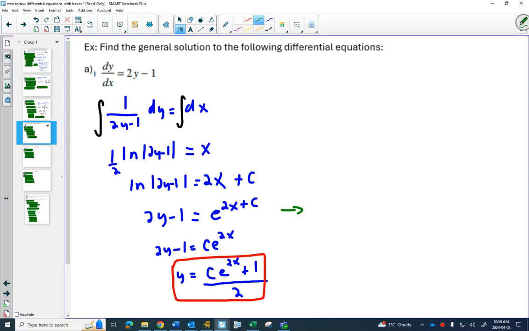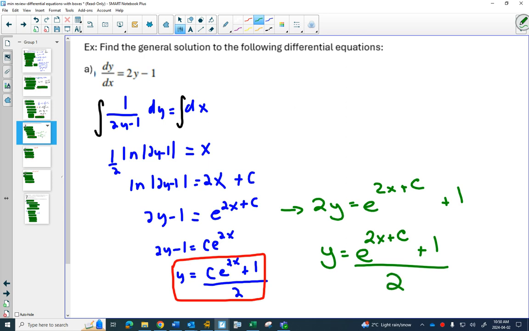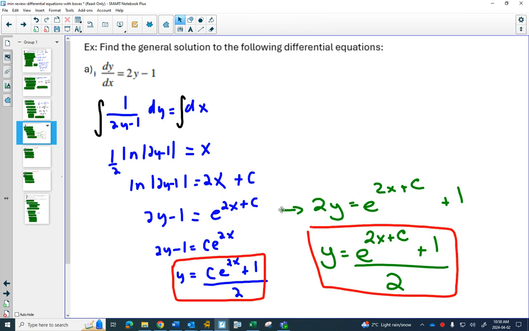Is it wrong if you would have done this? No. This is still, right? If you had moved your 1 over here, this is still a general solution. It still has y by itself, and it still has a c.